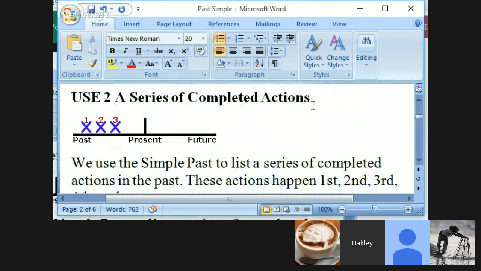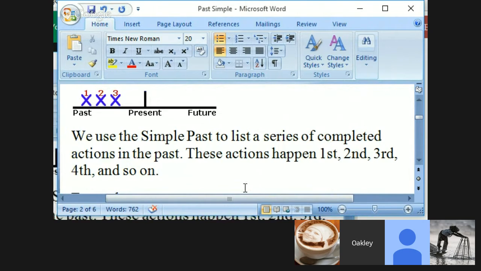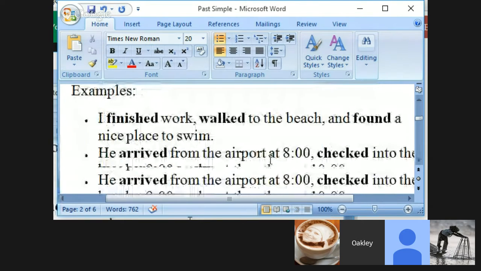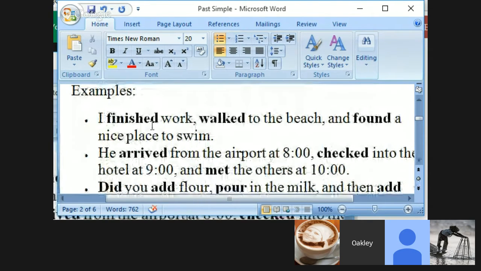Use number two. It can be used to talk about a series of completed actions as a list. Okay. All right. This series of actions, we do this when the actions happen in order. First thing happened first, and then the second thing happened second, and the third thing happened third. For example, I finished work, walked to the beach, found a nice place to swim.